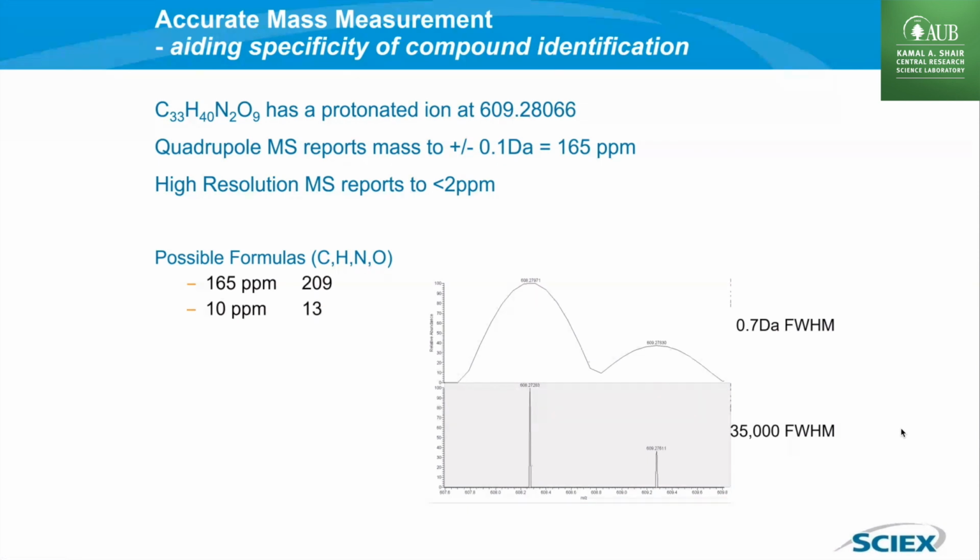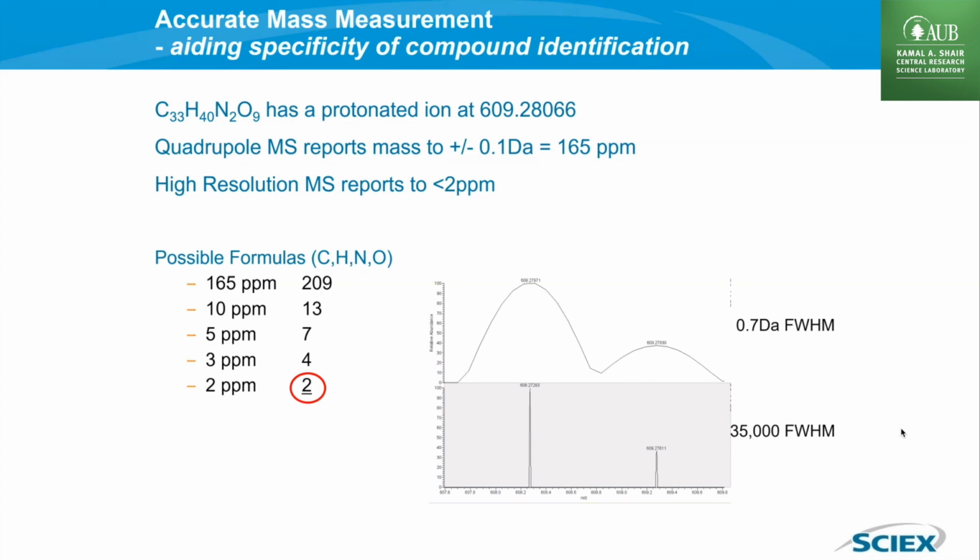And as you see, if you worked on more and more accurate mass measurement instruments, so if you go down to 2 ppm mass accuracy, then there are only 2 formulas that can match that information. So by taking the exact mass measurement of the compound, feeding it through the periodic table, and feeding it through the isotope calculator, we can come up with the correct formula from the data.